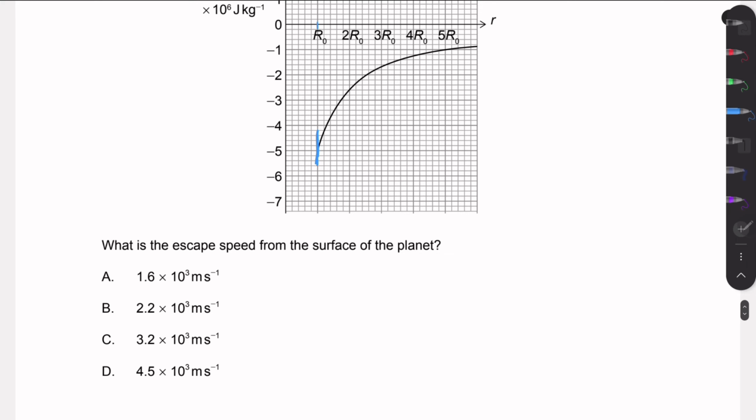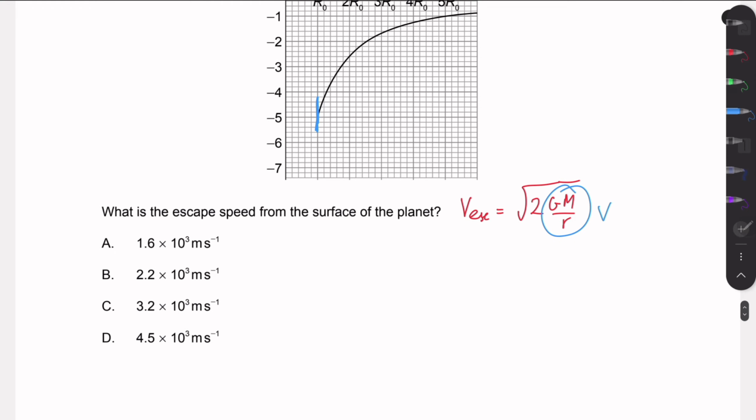Well, if we look in our data booklet, v escape is the square root of 2GM over r. And we might notice that this is actually the potential, GM over r. So we can say that v escape is equal to root 2V, where V is the potential of the planet at the surface.